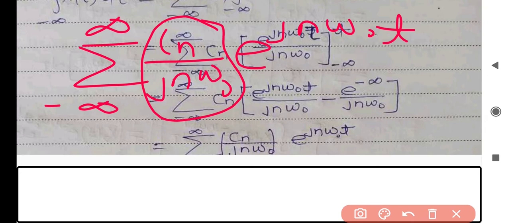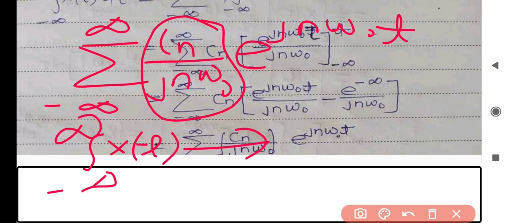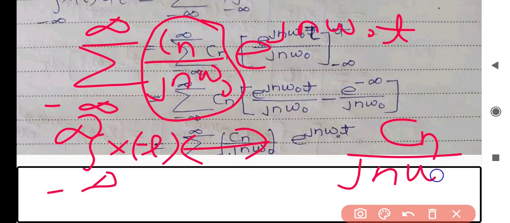It means that if we integrate the signal x(t) from minus infinity to t, then the Cn will be divided by jnω0.